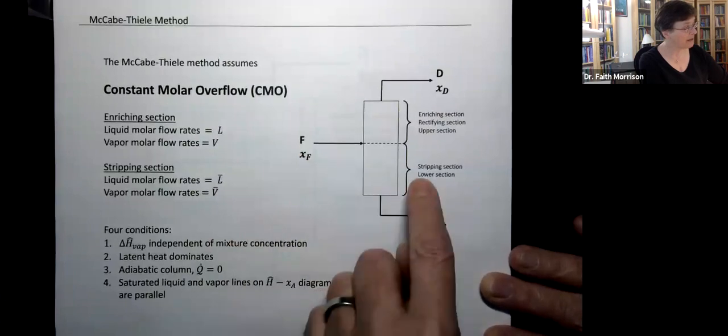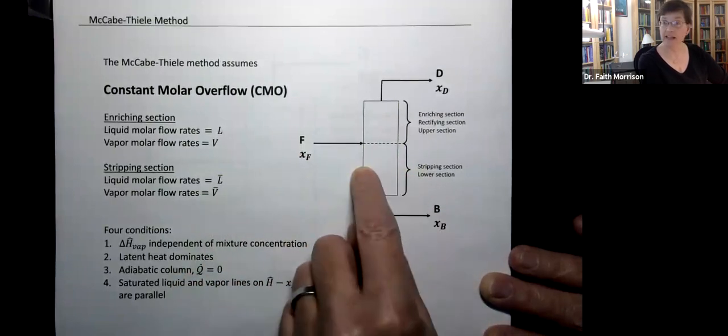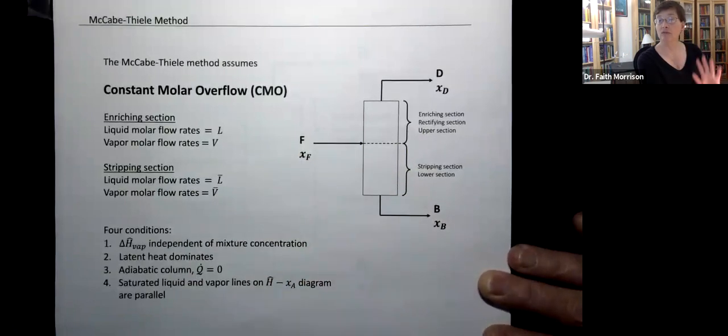And also that below the feed, there is a single liquid flow rate and a single vapor flow rate that is characteristic of any equilibrium stage below the feed. And that greatly simplifies the mathematical analysis of a steady state distillation column. It's of course not always true.